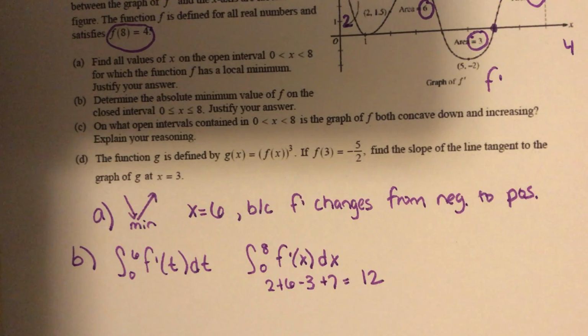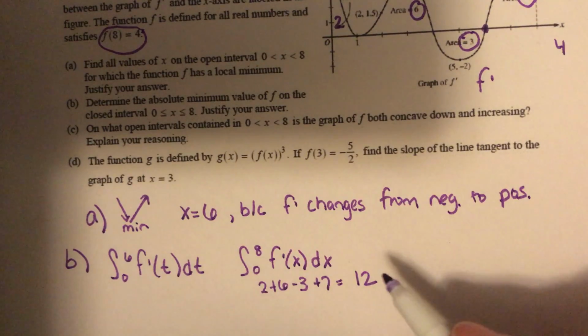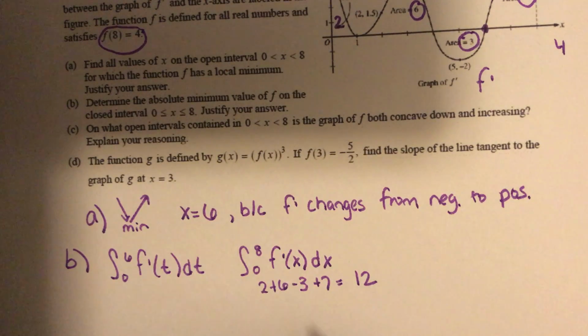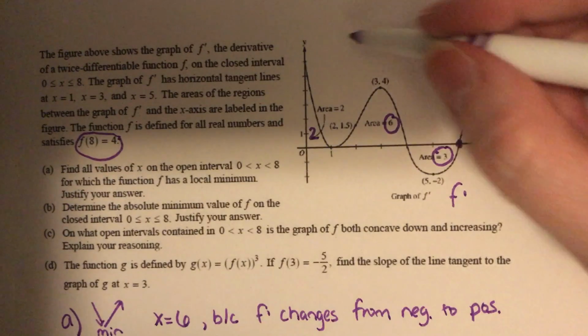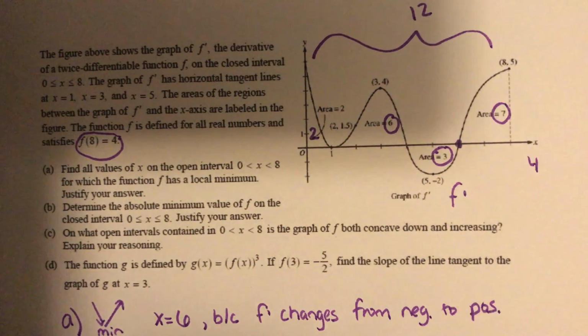Okay, so let's see here. We've got 12 is the whole distance. So what else do we know? Oh, we know f of 8 is 4, so our ending point is 4. So this whole distance, I'm going to mark this on the graph here. We've done ones like this before. This whole distance is 12.